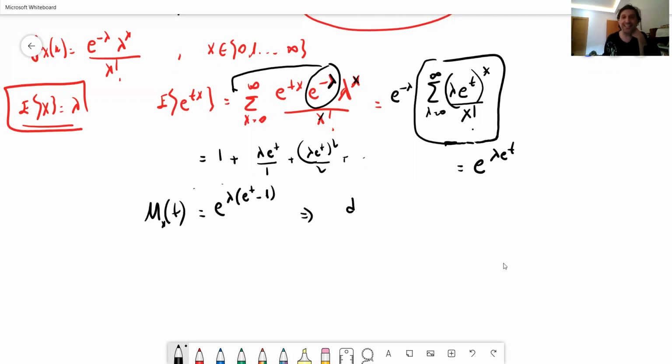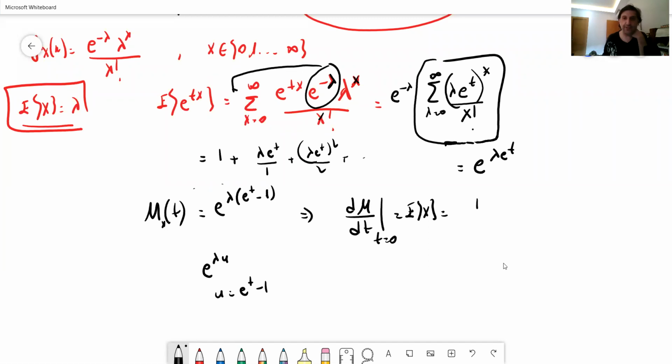Now we need to take the first derivative of this and evaluate at t equal to 0 to determine the expected value of x. Let's do that. The exponential of an exponential is a little bit tricky, so I'm going to write this as exponential lambda u, where u is equal to exponential t minus 1.